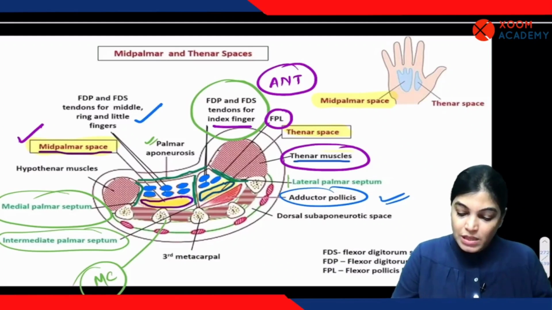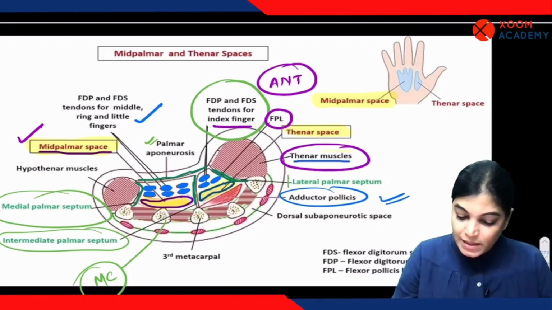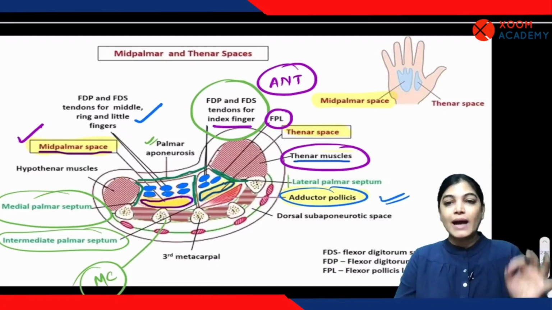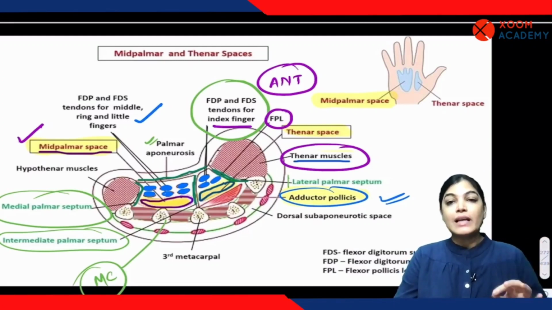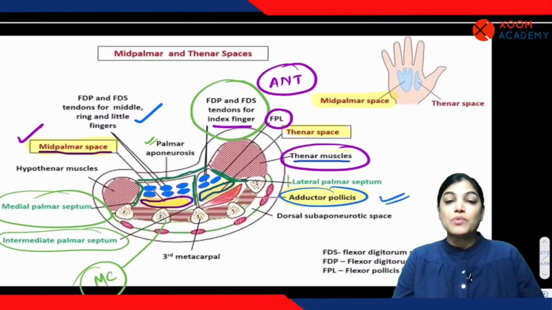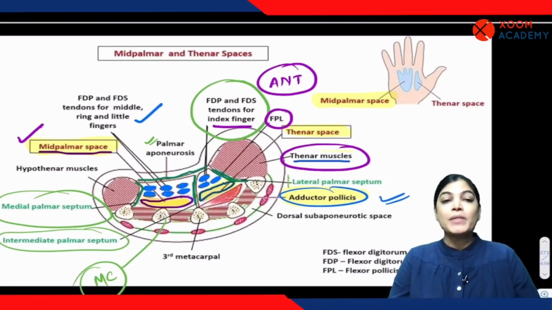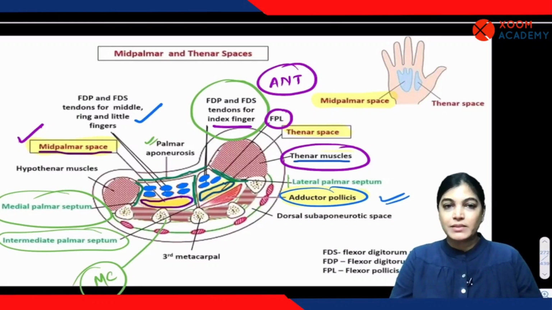On the posterior aspect, it is related with the adductor pollicis muscle. So it will have continuity: the thenar space will be related to the first lumbrical canal, while the second, third and fourth lumbrical canals will be communicating dorsally with the mid-palmar space.